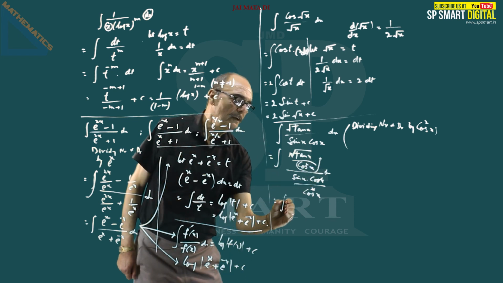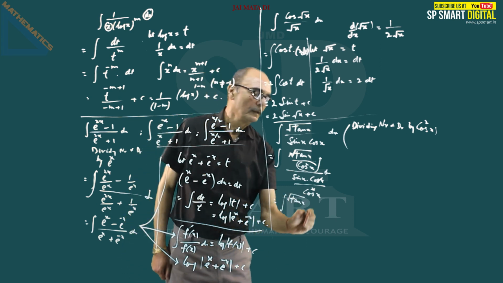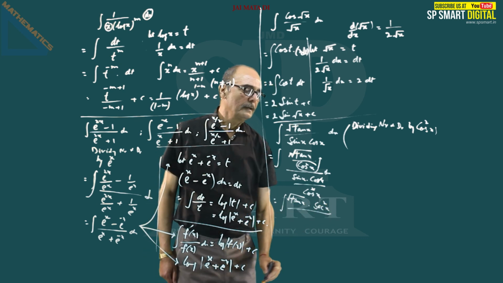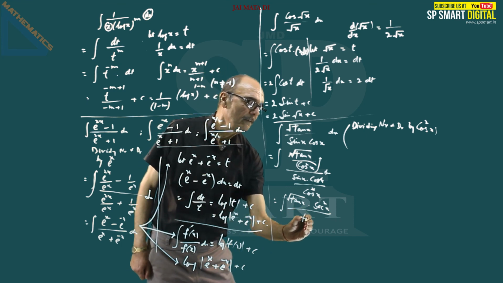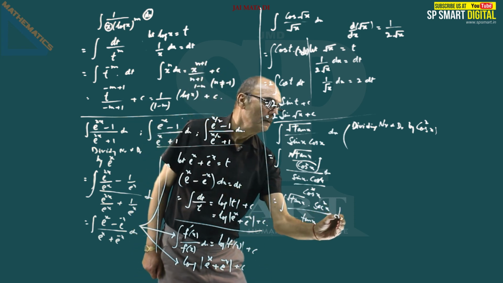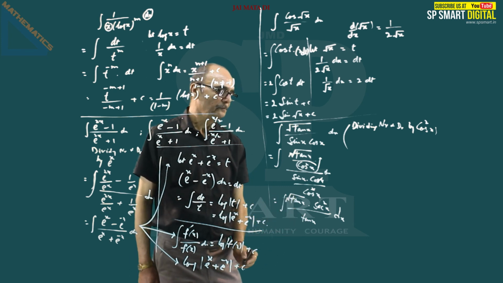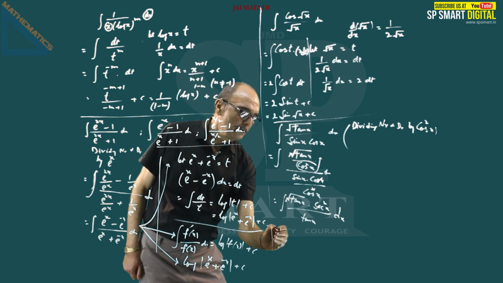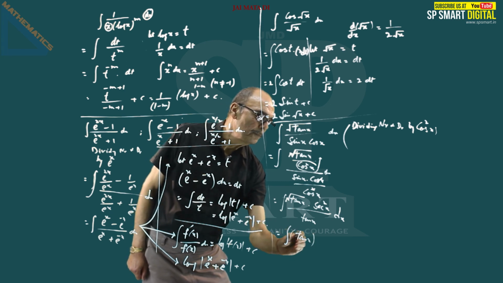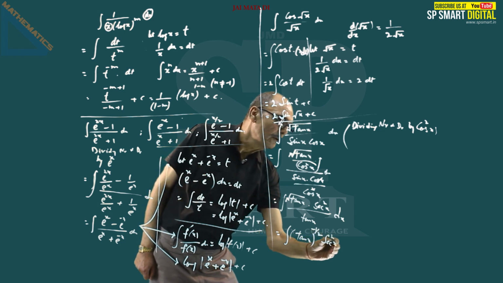So, this will be equal to integral tan of x under the root into secant square x, whole divided by tan of x, sine over cos, and d of x. Now, this root tan x will cancel with this, or if you use the indices rule, this will be tan of x whole raised to power minus 1 by 2 and secant square x d of x.